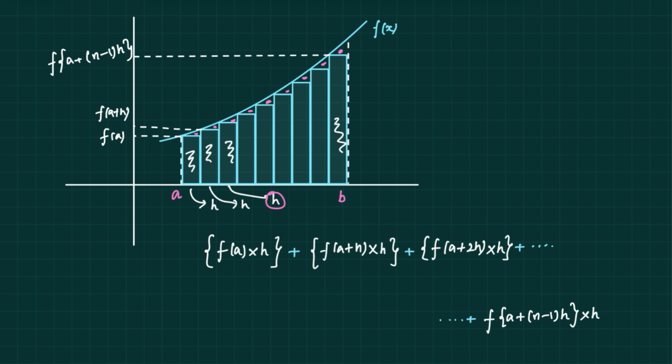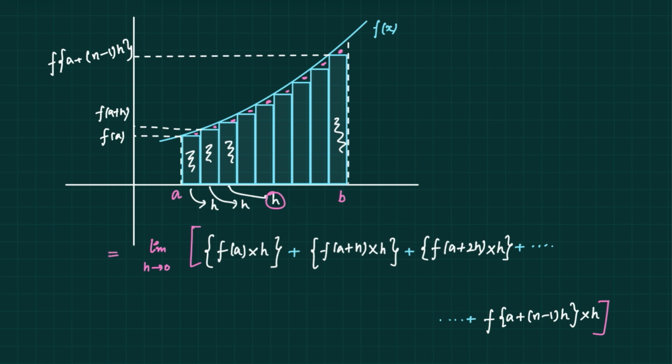On doing so, we will get tiny slices of rectangles and hence we will minimize those errors. So to minimize the value of h, we will use the concept of limit and we will do h tends to 0. On doing so, we will get the perfect area under this curve.